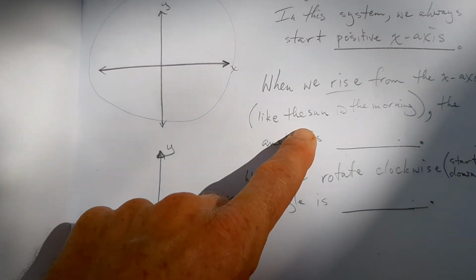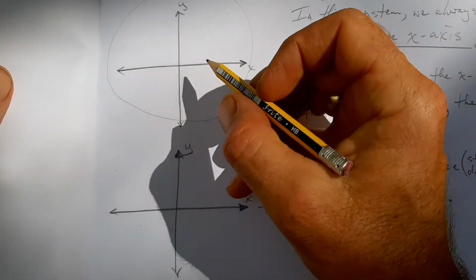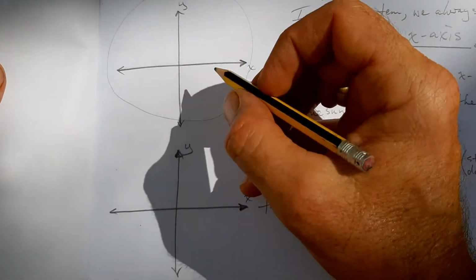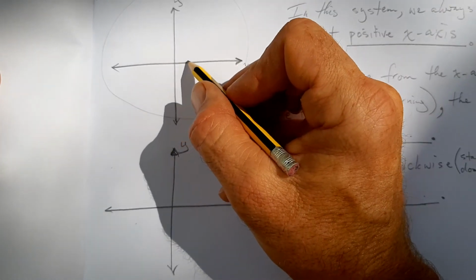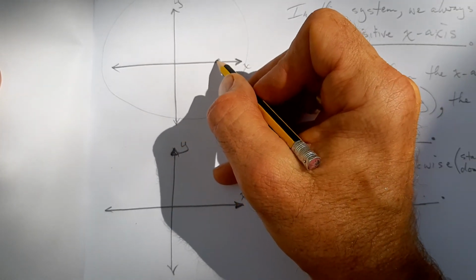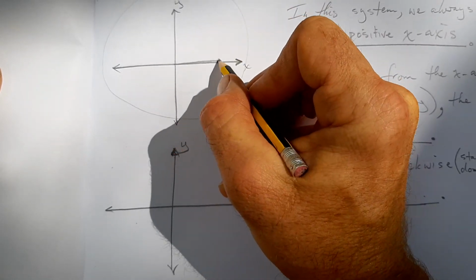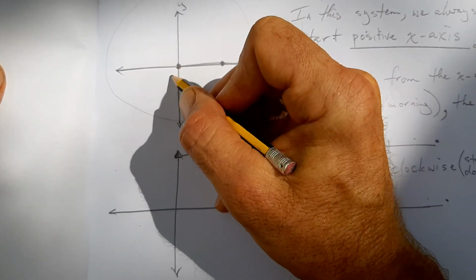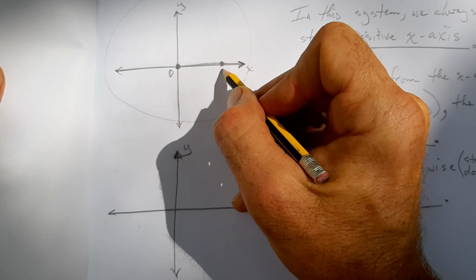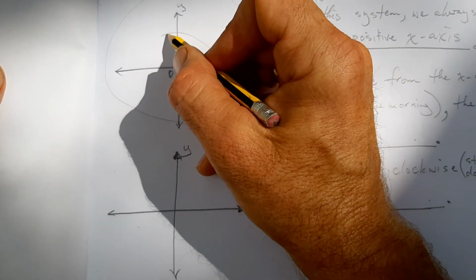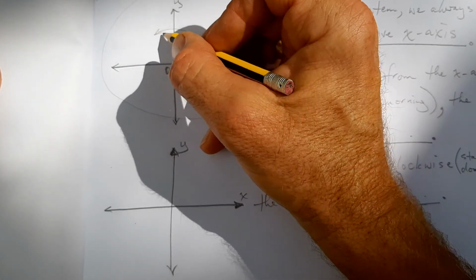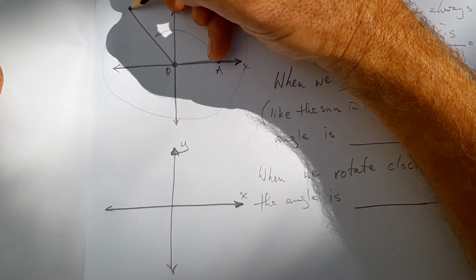So when we rise from the x-axis, say we're going to turn 120 degrees, okay? I'm going to start here, say point A, and there's point O, the origin. I want to rotate 120 degrees, there's 90, I'd go past 90 by 30 more degrees. That's positive, right?